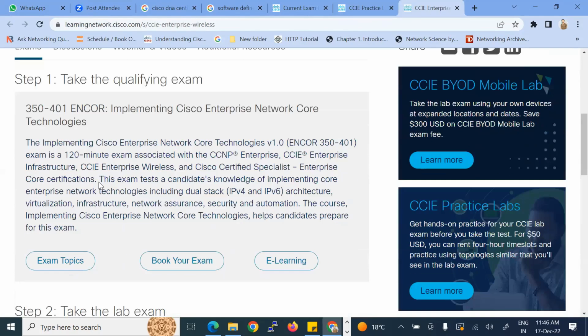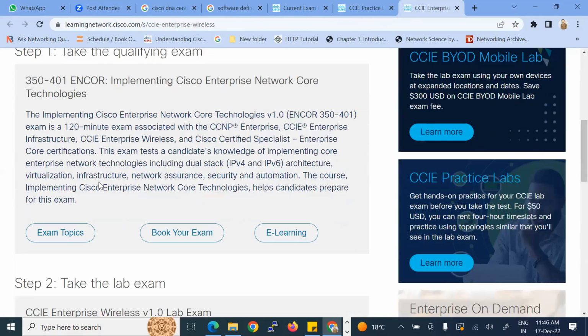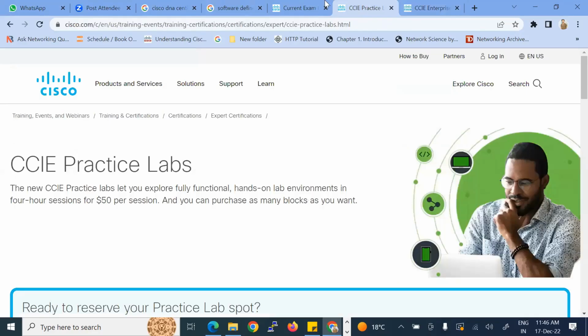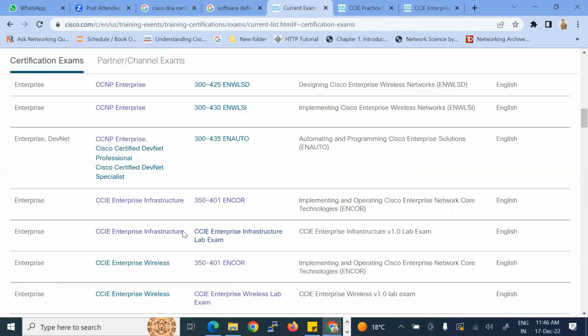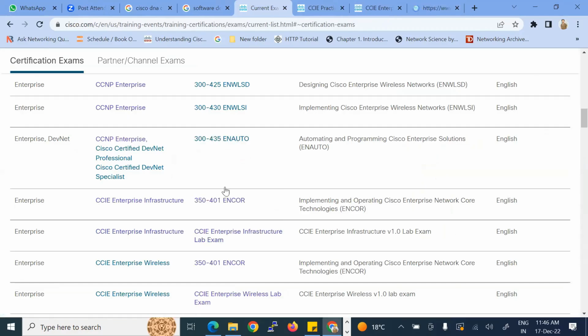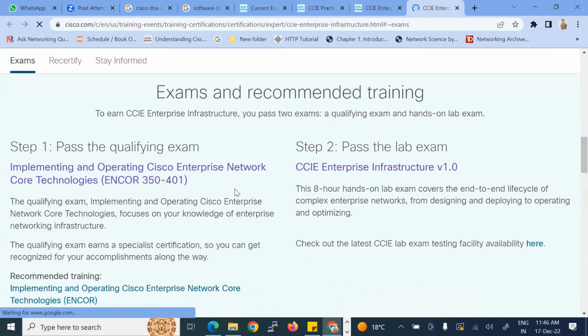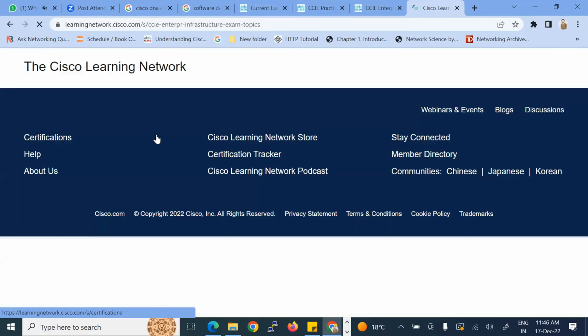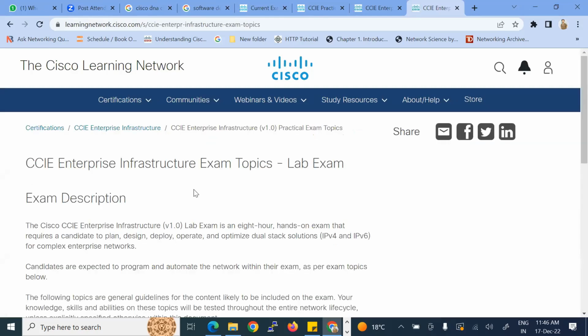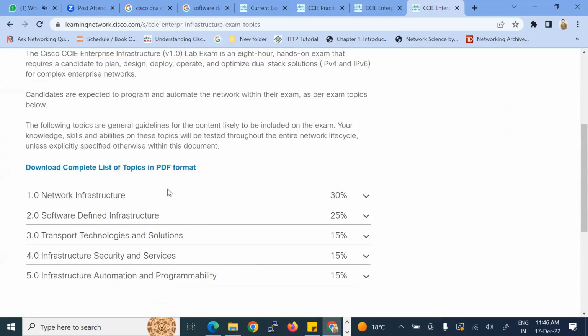If you haven't done your CCNP and core, you would not be able to book your lab exam for the enterprise. I already attempted the lab twice, so I still have a valid license, I think expiring 2023, to go write the lab. Validity is 3 years for CCNP and core.